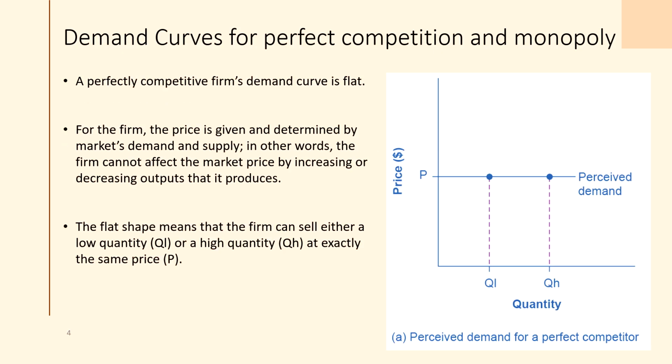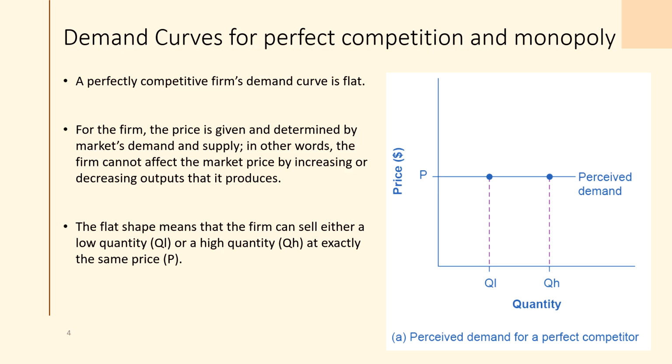Now let's review the competitive firm. A perfectly competitive firm faces a flat horizontal demand curve. Why is the demand curve flat? Because the market determines the price through industry demand and supply. The individual firm is too small to influence that price.